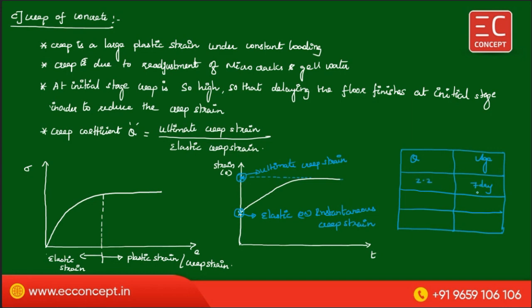So that's why we have to allow the floor finishes after some days. At the initial stage, the creep is more. In that time, if you allow the load, then the ultimate strain is huge. After 28 days, 1.6. After 1 year, 365 days, this is 1.1. So this is all about the creep.